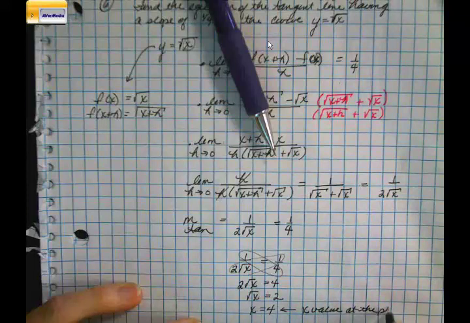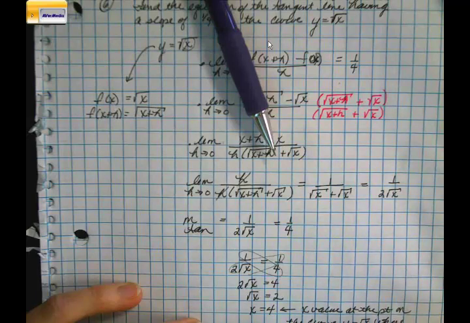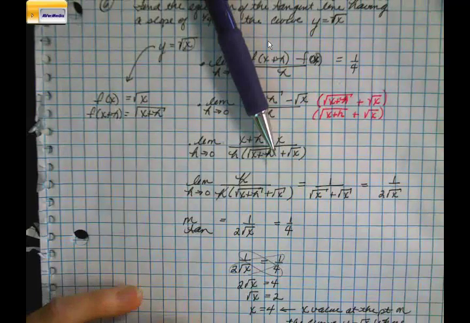Okay, and this is the x value at the point on the curve y equaling the square root of x, where the tangent line has a slope equal to 1/4. That's what we just accomplished.